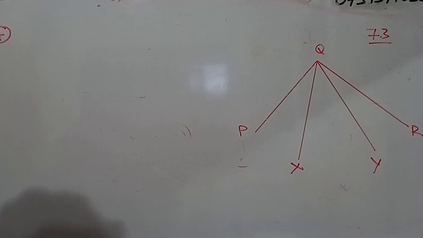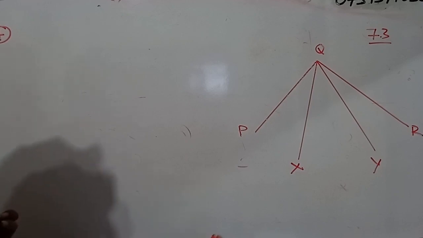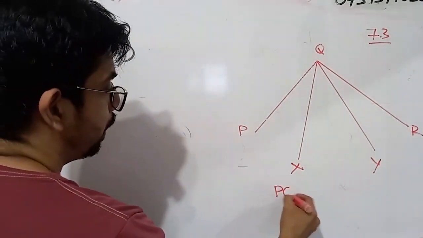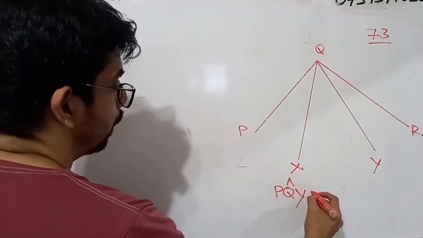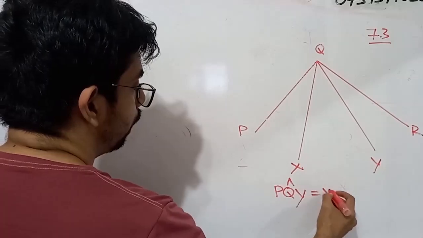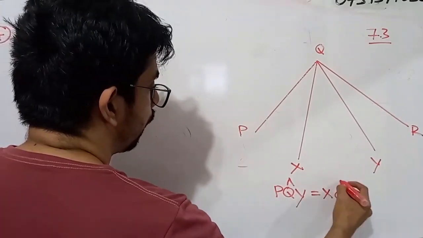Fourth question, exercise 7.3. In the figure given here, PQY is equal to XQR. So PQY is equal to XQR.